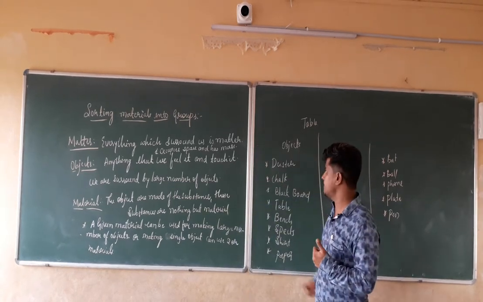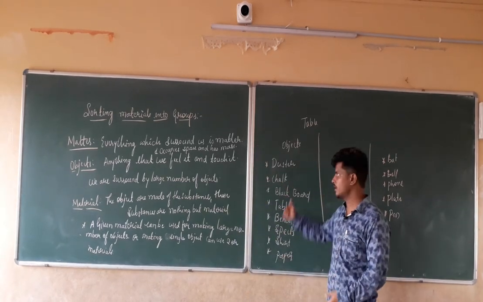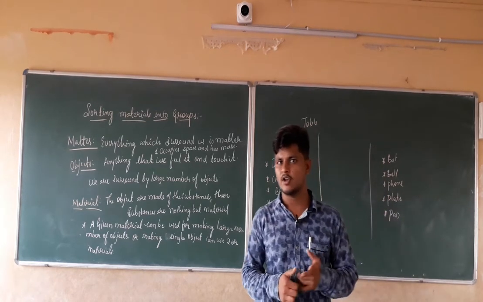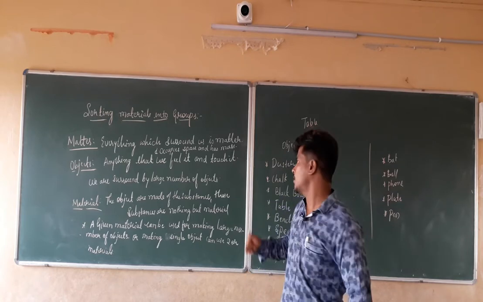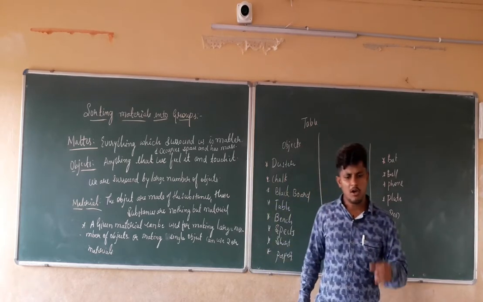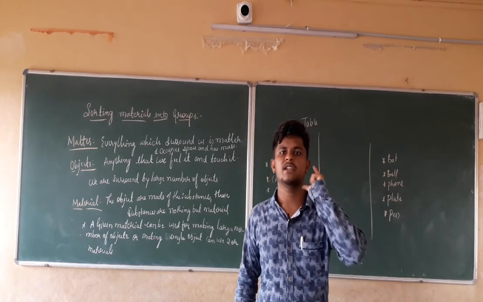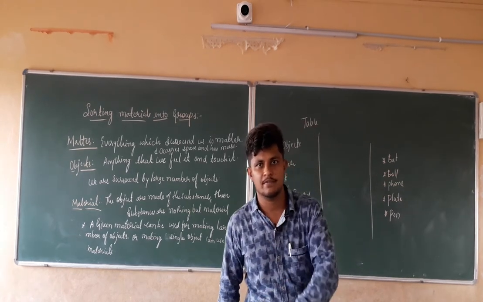In the same manner, if we take all the examples of objects, it may be a food item, it may be clothing material or fabrics, or it may be these objects. When you check all these objects, they are also made from different items, different substances.